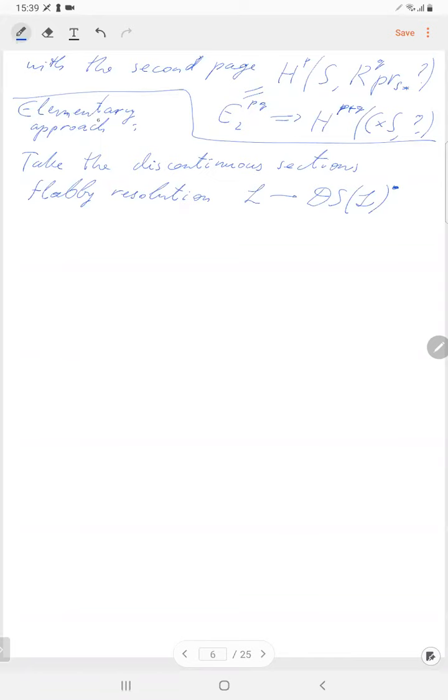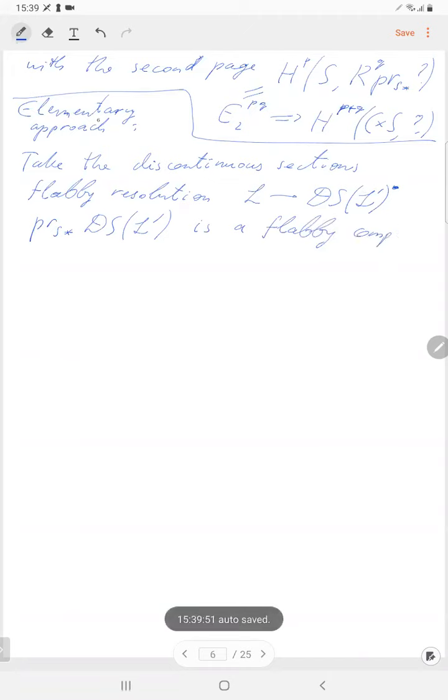So the projection to S of the discontinuous sections of L is again a Flabby complex on S, computing the higher direct images.